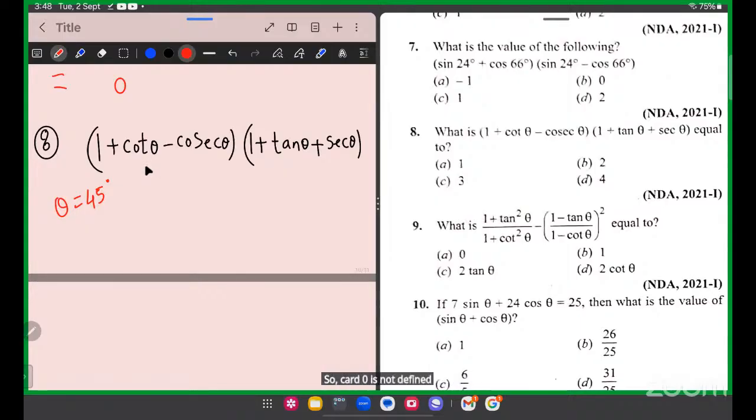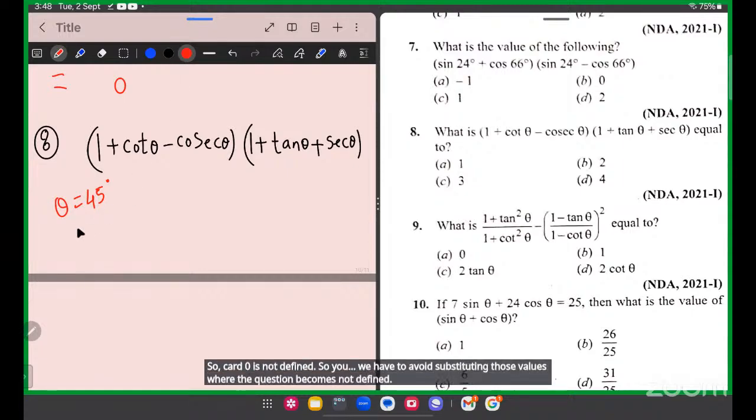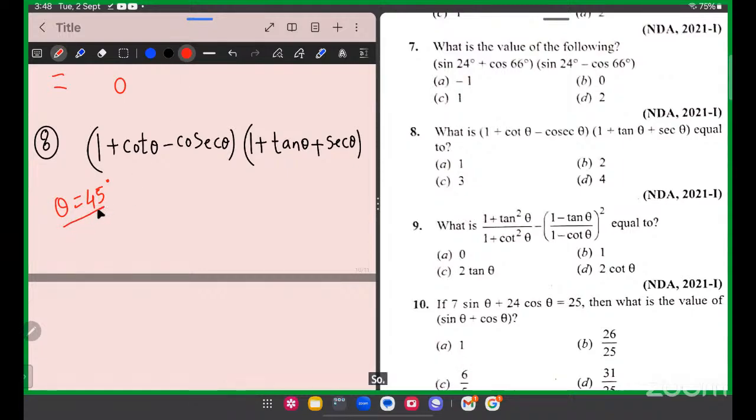So we have to avoid substituting those values. This 45 degree is the safest angle, because at 45 degrees, none of the trigonometric ratios becomes not defined. Yes or no? Because sine theta is also defined, cos theta likewise, right?